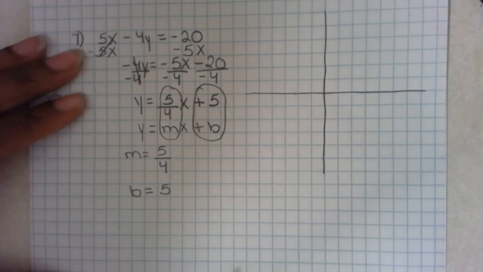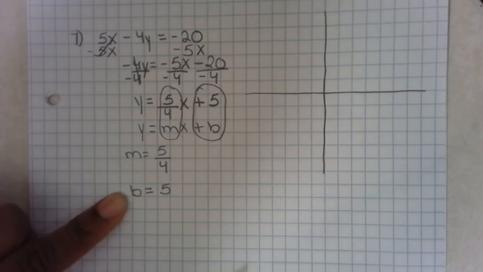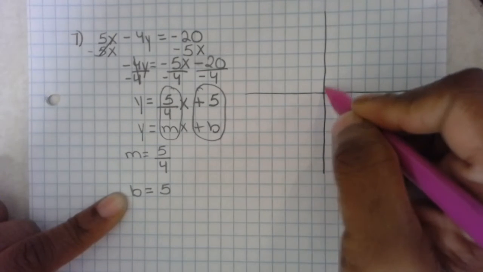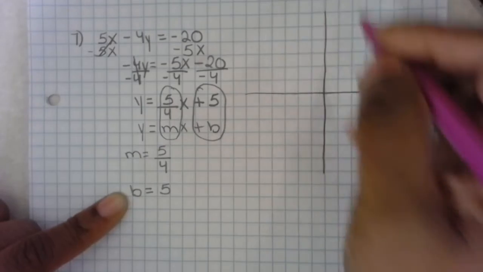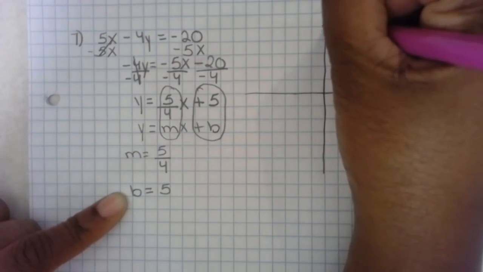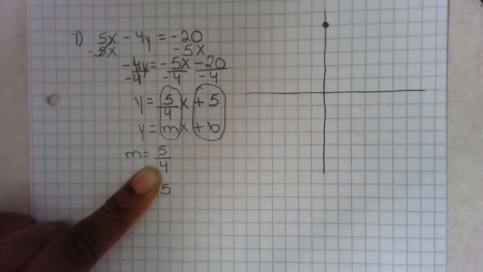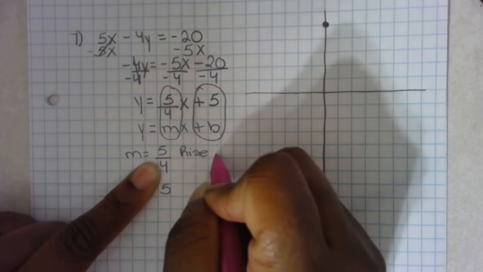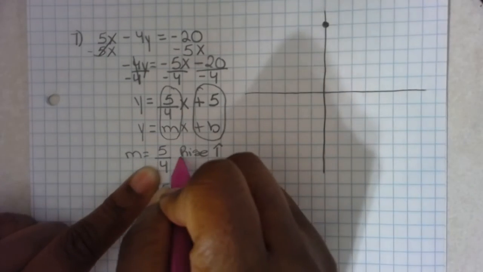Now I'm ready to graph. First, graph your y-intercept. Find positive 5 on your y-axis, 1, 2, 3, 4, 5. Plot your first point.